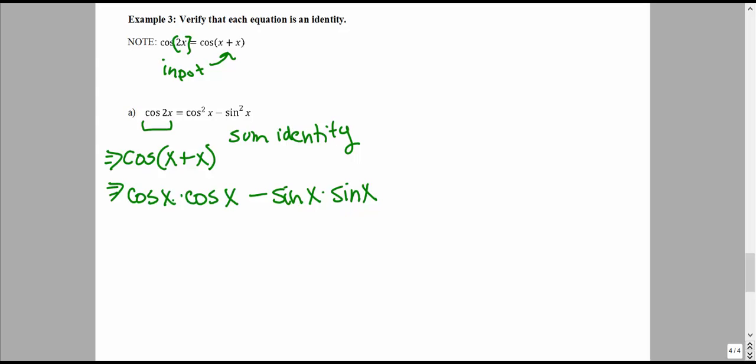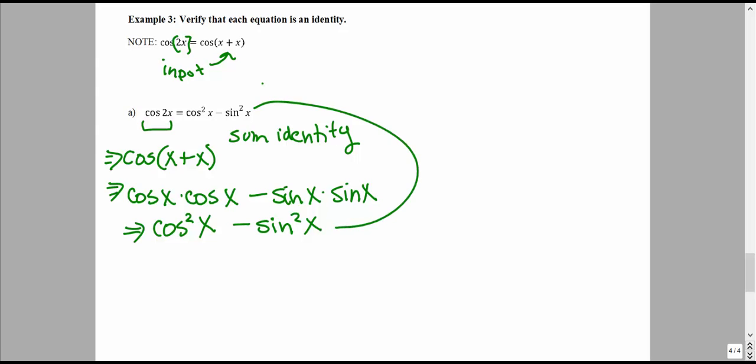Since they have the same exact input, cosine x times itself, we can write this as cosine squared x minus sine squared x. We will come to call this one of our double angle identities, something that will always be true for any angle x. So we have matched our goal, and we can say that this identity has been verified.